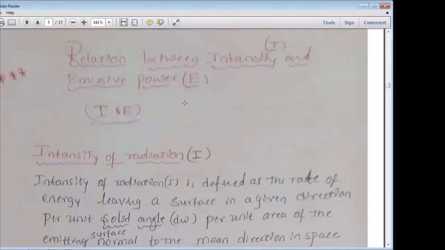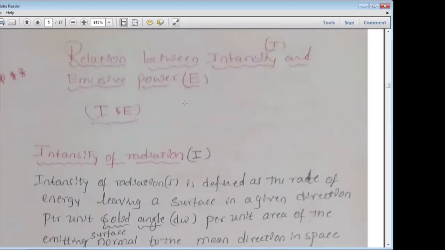We can define intensity of radiations as radiating in a particular direction, per unit surface area, per unit time. That is called the intensity of radiation.